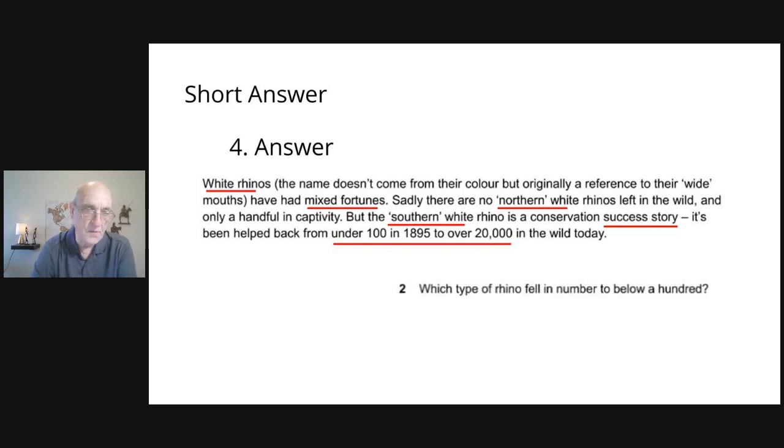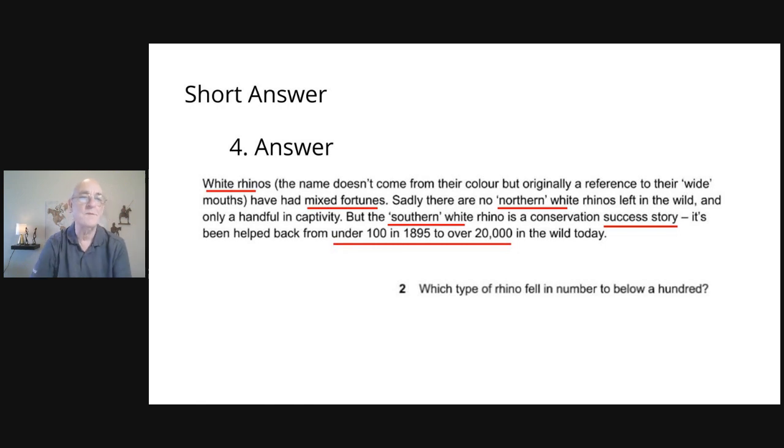So let's look for the answer to our second question. We're looking for a type of rhino that fell in number. You can see the advantage of always marking numbers: below 100. And in this case, we also have a synonym. Instead of below, in our passage, it says under 100.